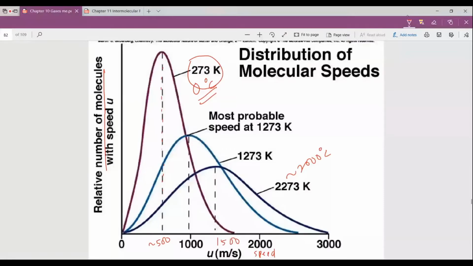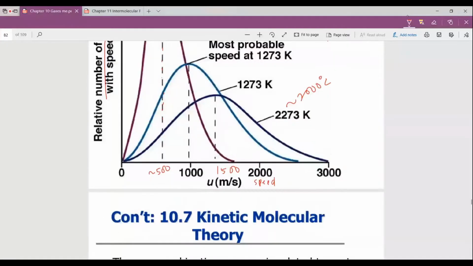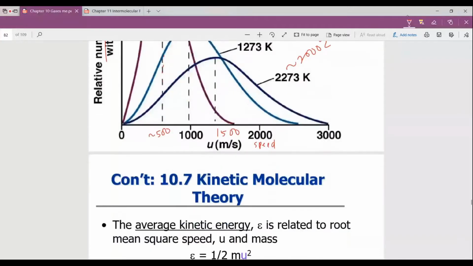So many molecules are moving with a speed of 1500 meters per second at 2000 degrees Celsius. So temperature affects the movement, the average kinetic energy of the molecules. The kinetic energy is proportional to the temperature.